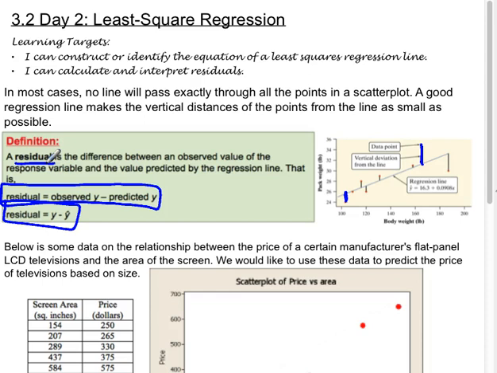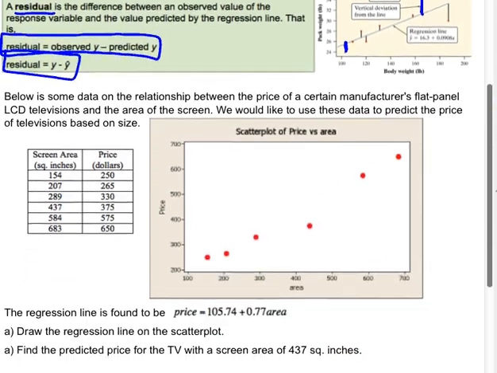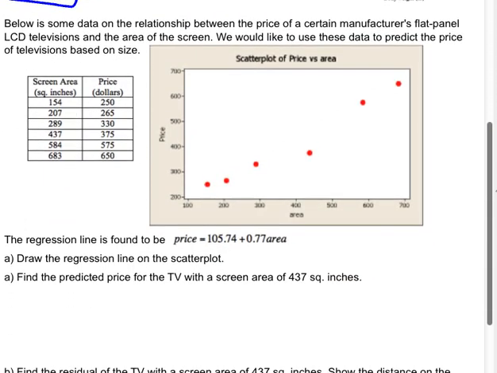So let's talk about, again, what this means in the grand scheme of things. So here's some more data. Below is some data on the relationship between the price of certain manufacturers' flat panel LCD televisions and the area of the screen. We'd like to use these data to predict the prices of televisions based on size. Okay, so we have a table there with some information, and we have a scatter plot.